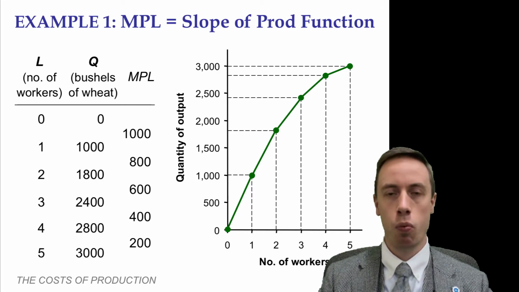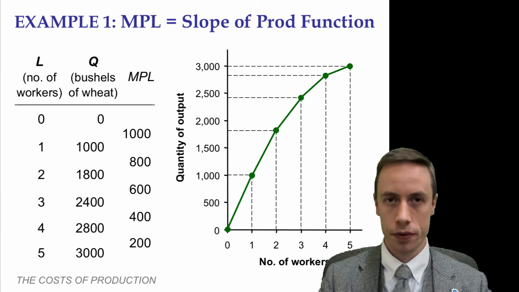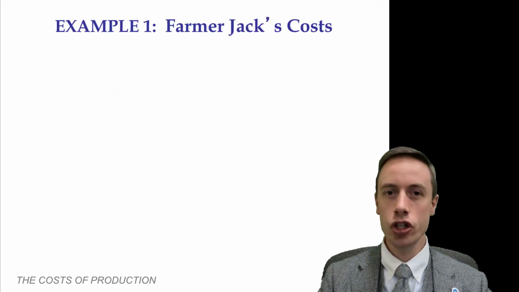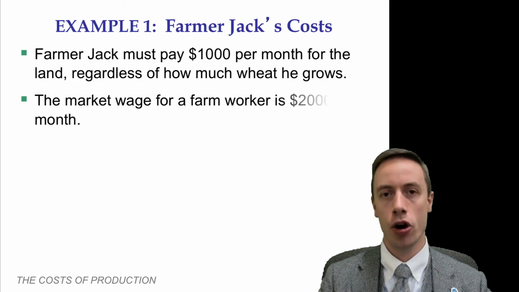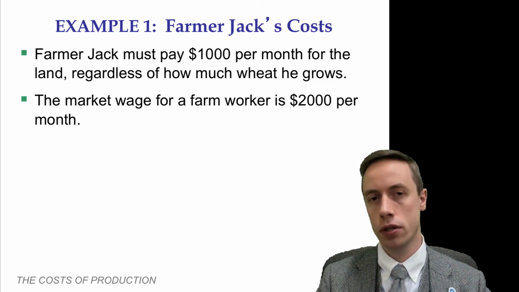So this is step 1 of analyzing a business, establishing its production function. Step 2, we now convert this production function into cost. So each input that the farm uses, we're going to attach a market value to. Let's say the land has a market value of $1,000.